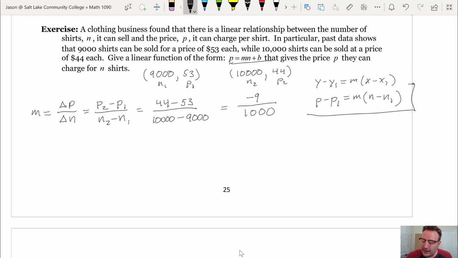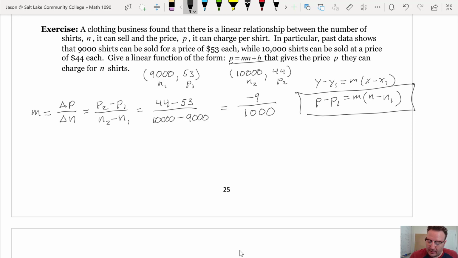So in our context, this is the point slope formula that we want to use. The point being n1, p1, the slope being m. Okay, now we have both of those bits of data. We can just plug numbers in and solve for p, and then we'll get our function.